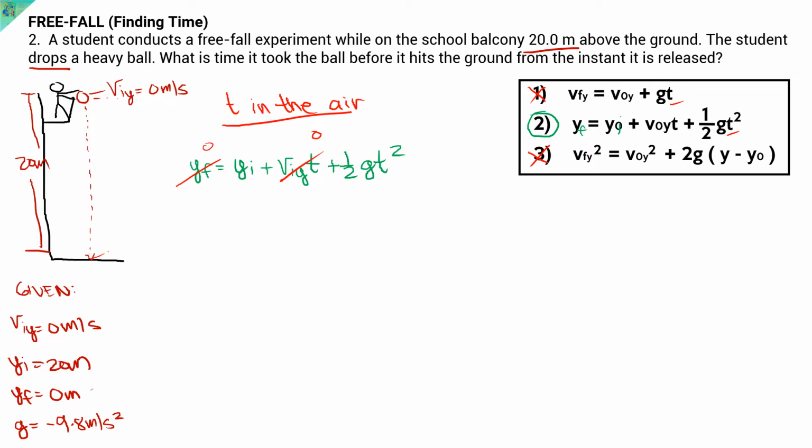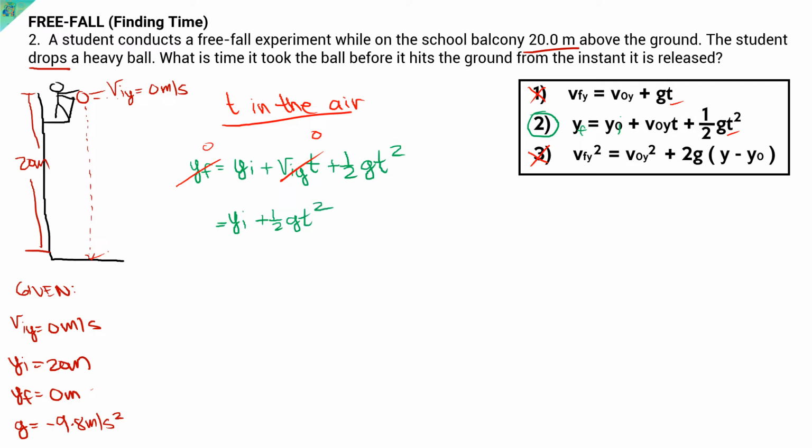Our new formula will now be, of course, we can't leave anything missing here. So what I'm going to do is move this here. That's yi plus 1/2 gt squared.